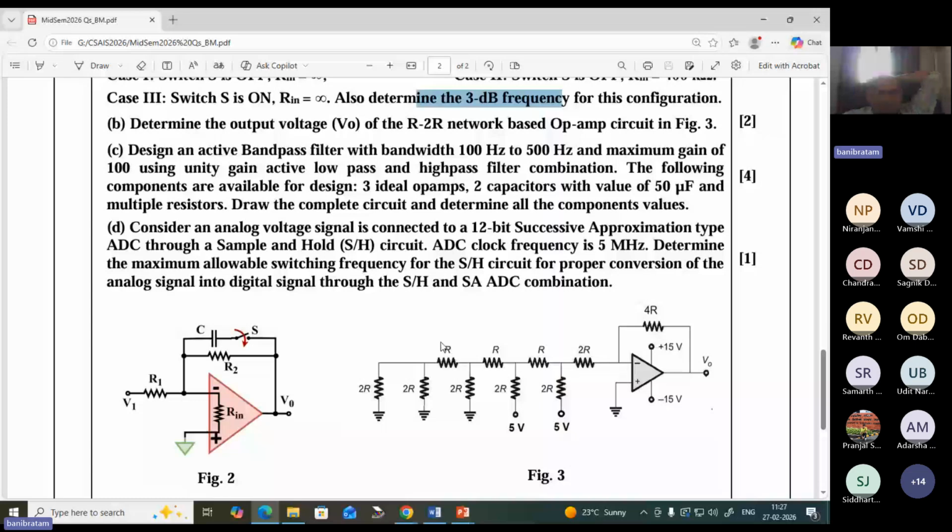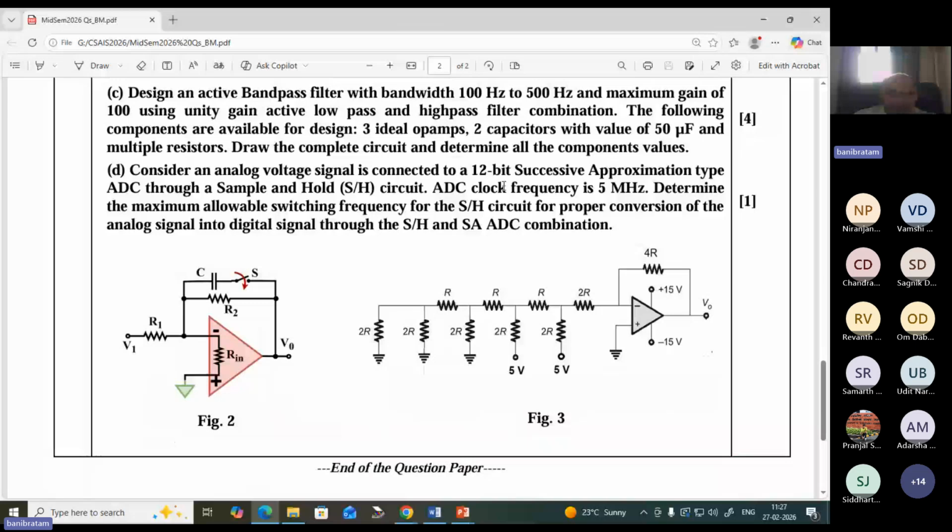Then the third one is the active band pass filter. As I said, the concepts were already given, and some design problems were also discussed in class. Based on that, you are supposed to design the band pass filter. And the last question is very straightforward, where the sample and hold circuit switching frequency is asked for the successive approximation ADC.